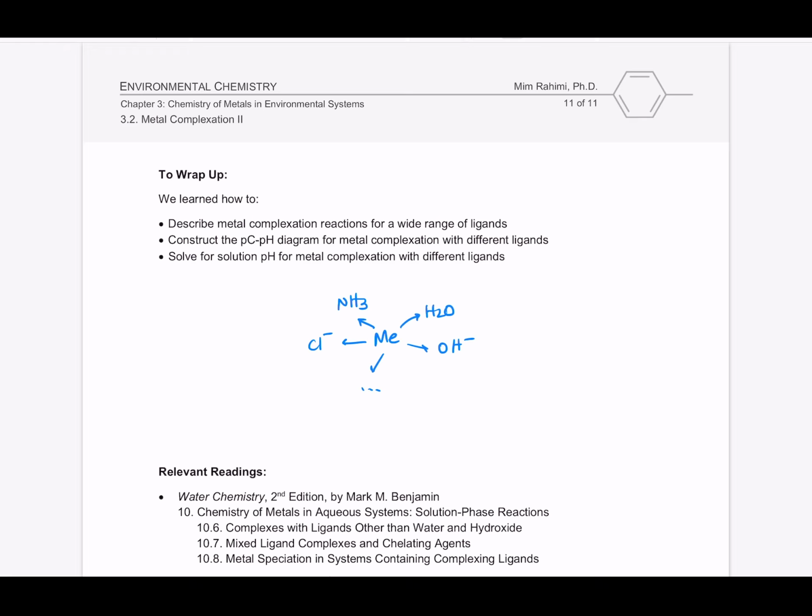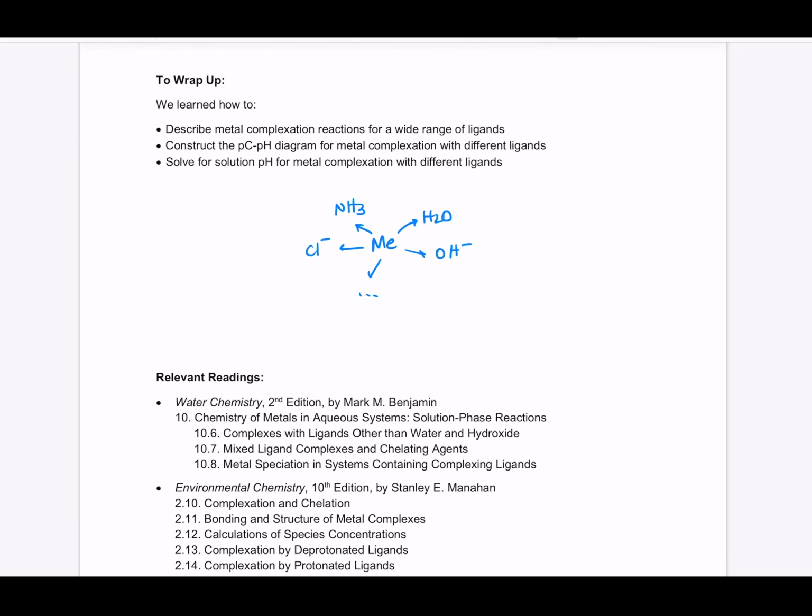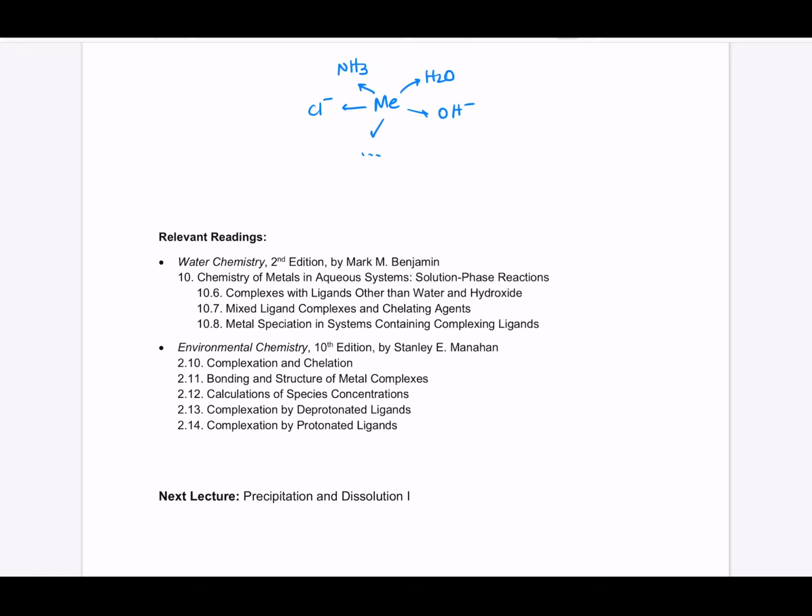Whatever we learned in the first lecture can also be applied here. And it could be two at the same time, but independently, not together, not a mixed ligand. We also constructed a PC-pH diagram. Also, we solved for solution pH for metal complexation with different ligands. And in the next lecture, we're going to talk about precipitation and dissolution, part 1.